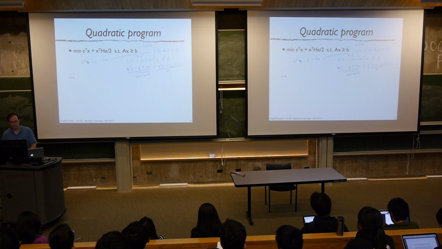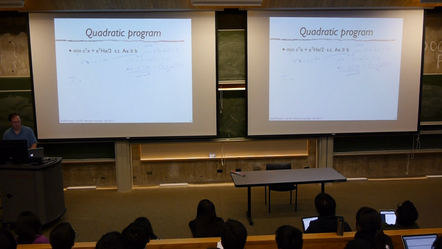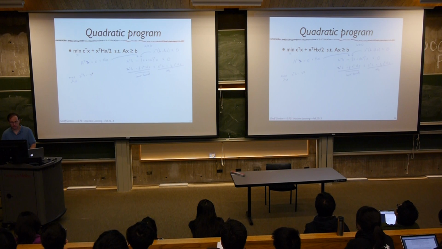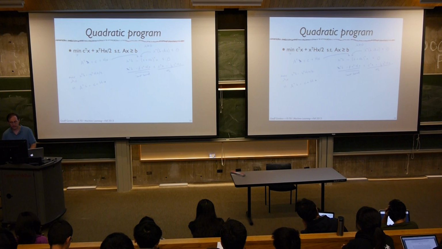So this is minimizing over x, we're going to max over lambda and also x. So x is going to be a variable in the dual. Lambda transpose b minus x transpose h x over 2, subject to the constraint that A transpose lambda is equal to c plus hx.